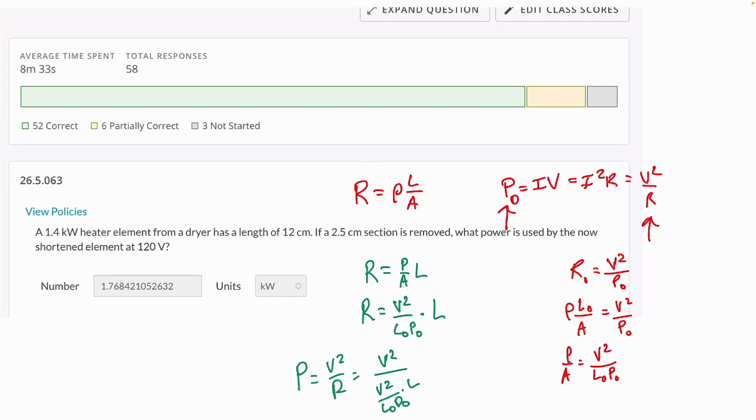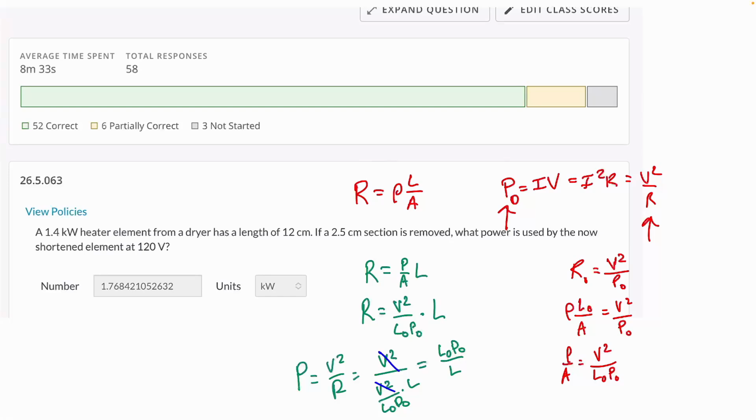My V squareds cancel. L naught, power naught, and L are left behind.